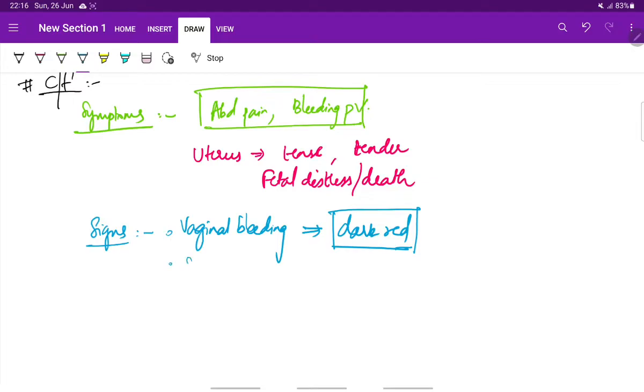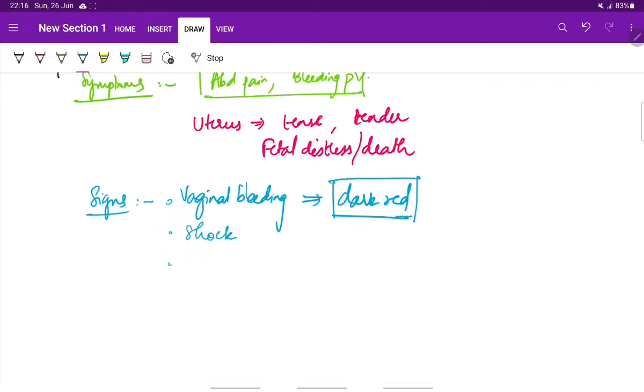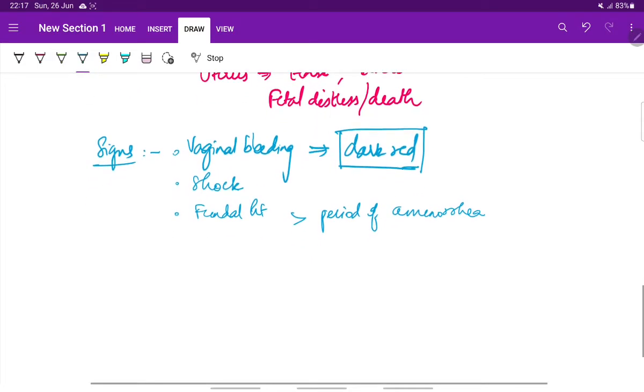Next, there can also be shock, which presents as tachycardia, hypotension, cold clammy skin, etc. Next, the fundal height is usually more than the period of amenorrhea. And there is uterine tenderness.